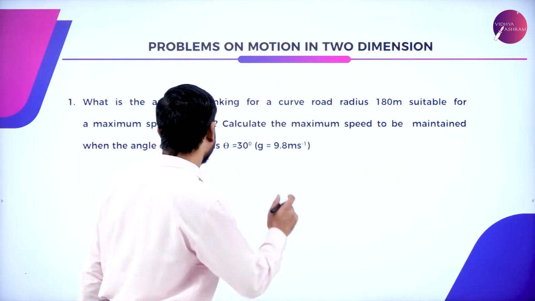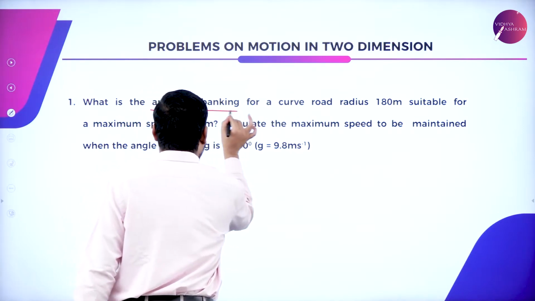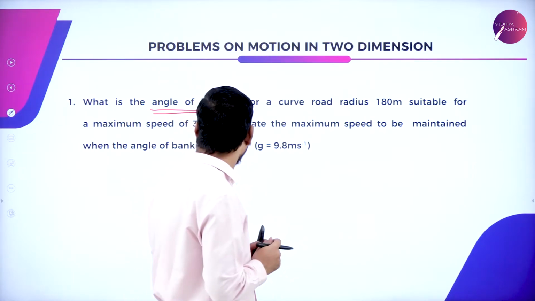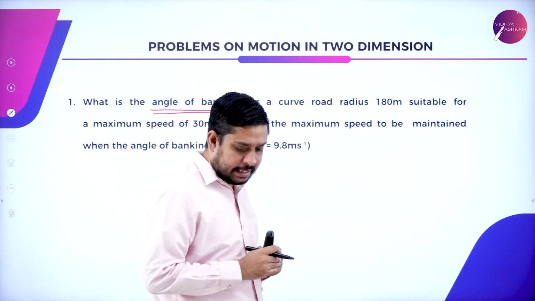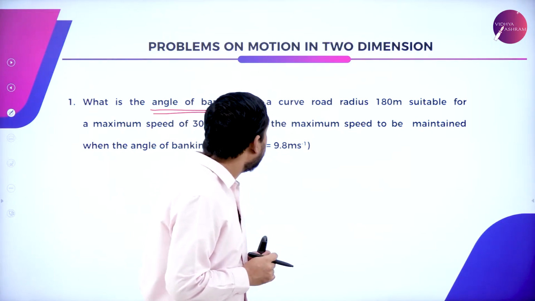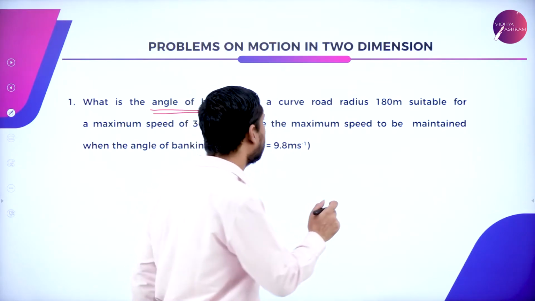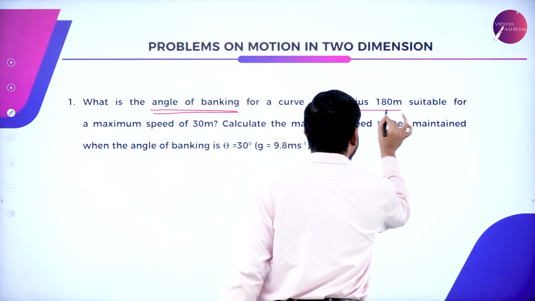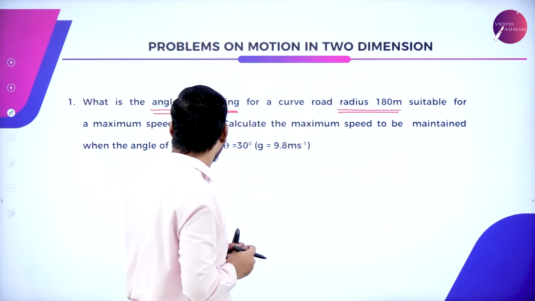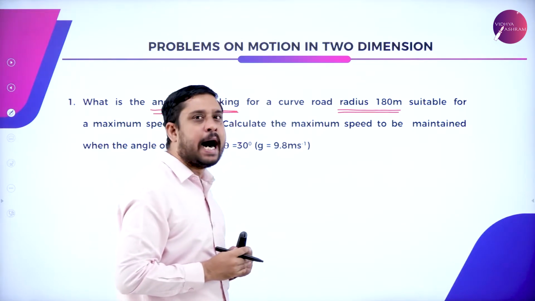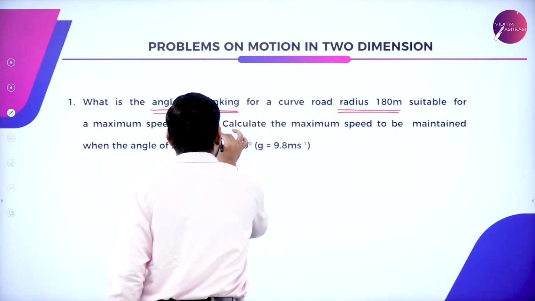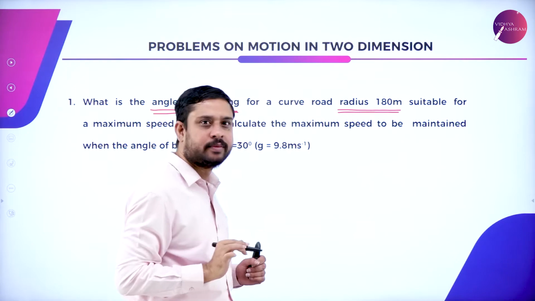The first one: what is the angle of banking? I have to calculate the angle of banking for a curved road of radius 180 meter, suitable for a maximum speed of 30 meter per second.